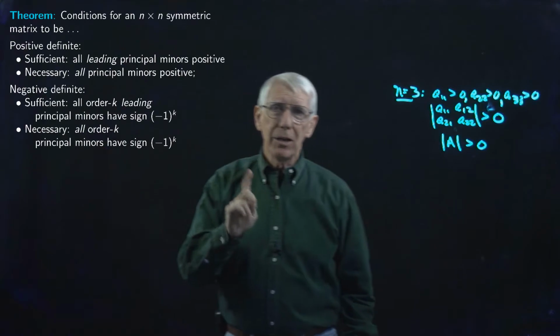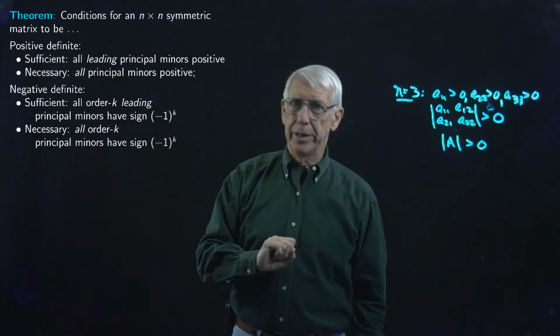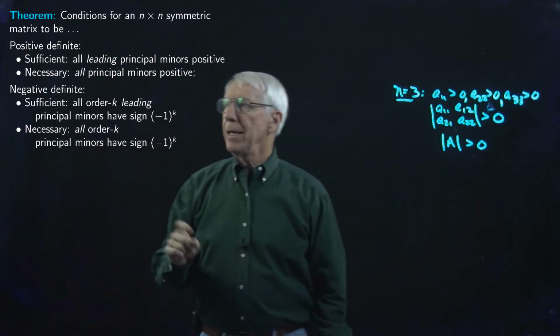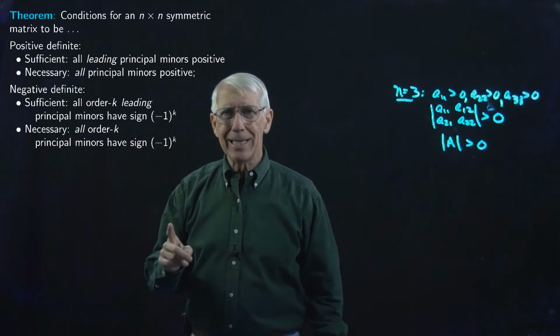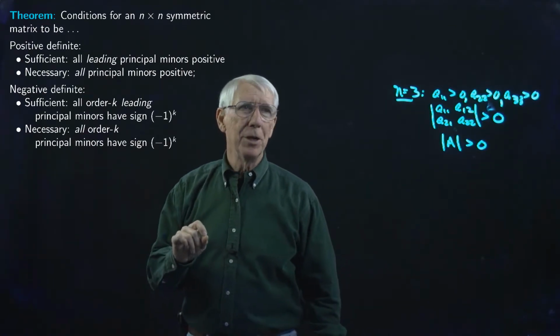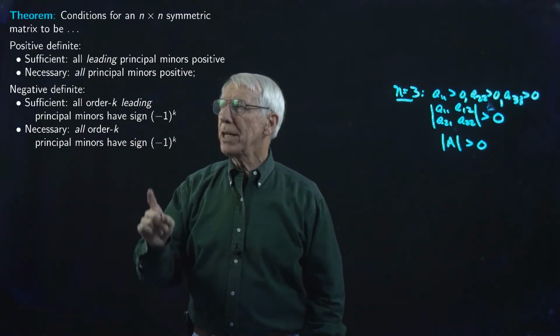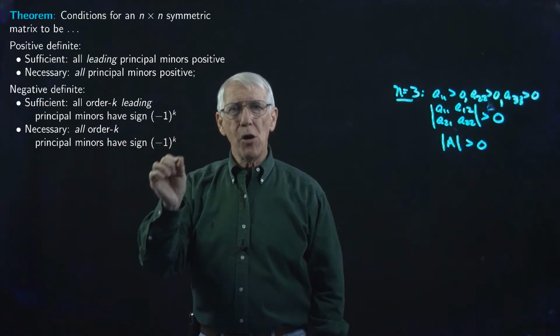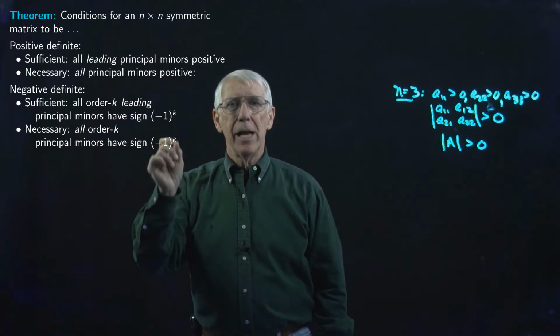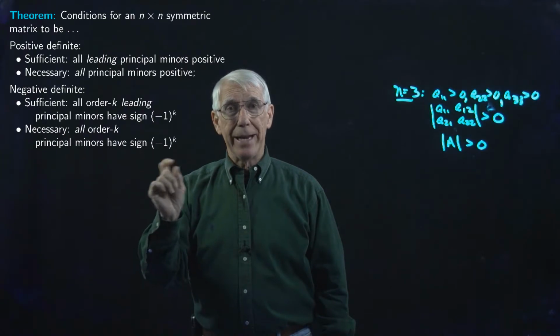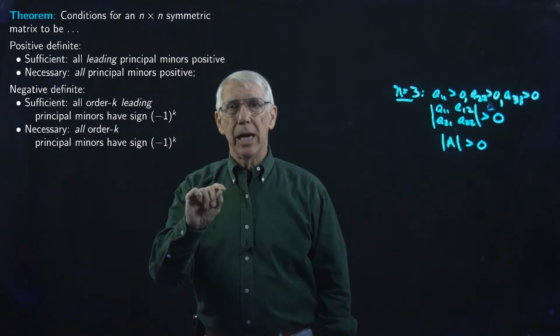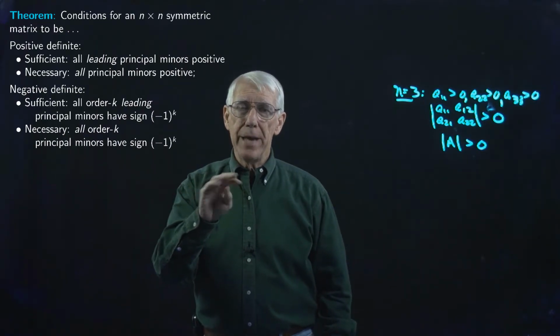Now this is a little unusual in math. Usually it is the case, and in a certain sense it's the case here too, but it's a little tricky. Usually you have a stronger condition as a sufficient condition, and a weaker condition as a necessary condition.